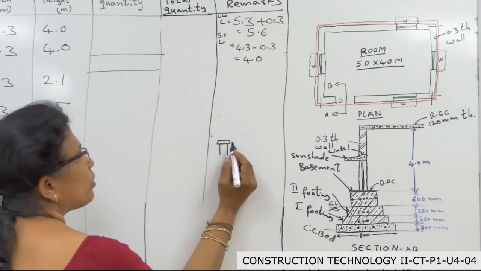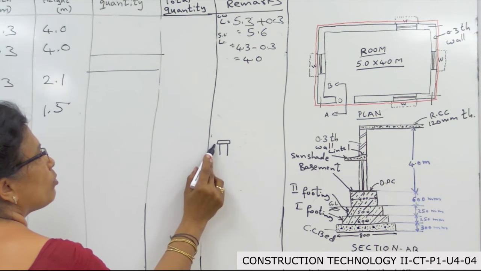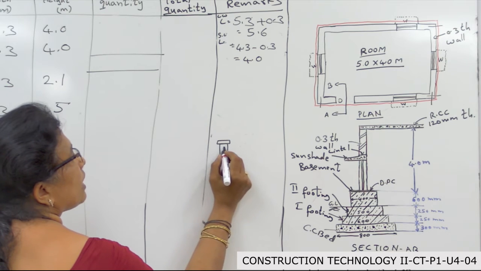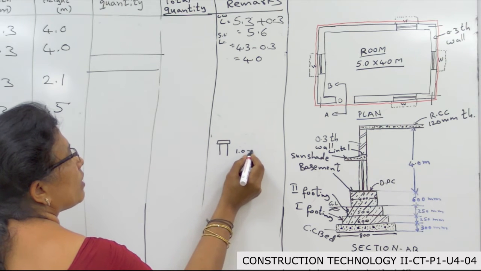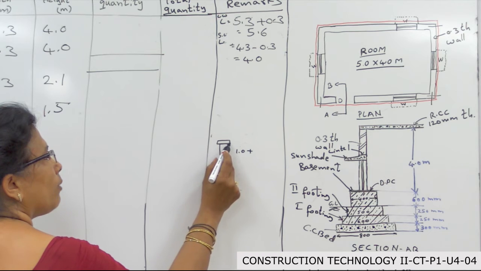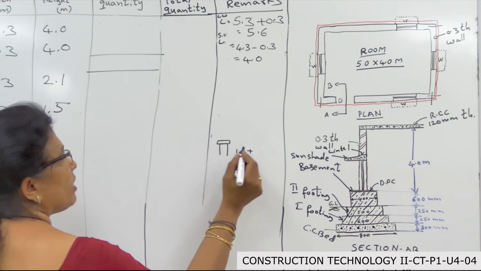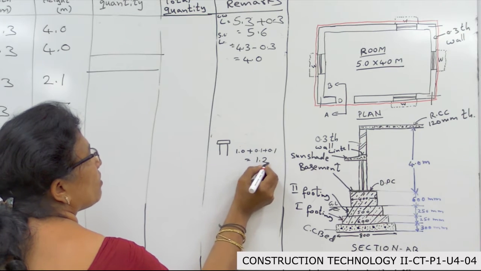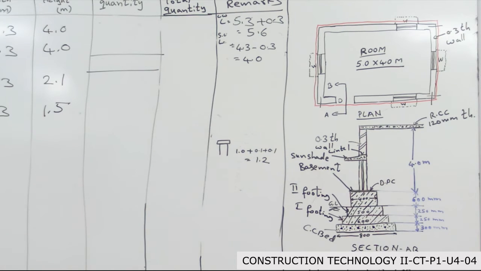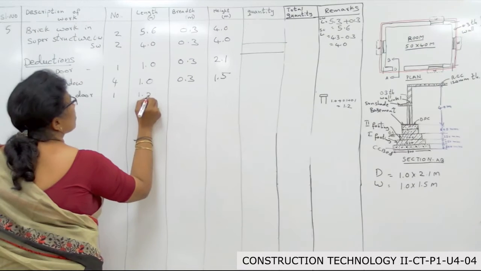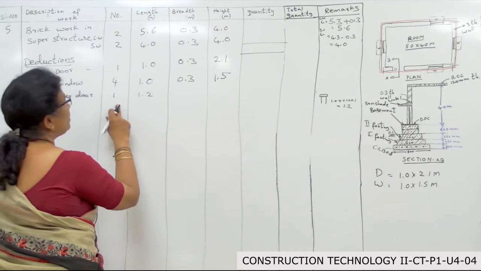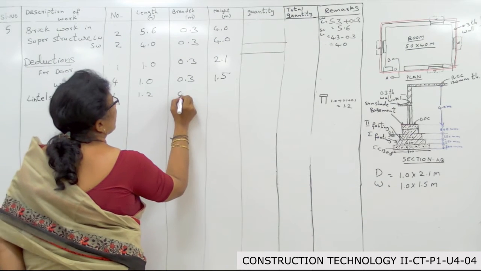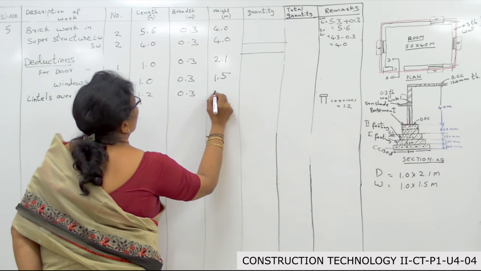How many doors? 1 door. Suppose this is the door. Now you are going to place the lintel here. 0.1 projection here and 0.1 projection here is given. So the length of the door is 1 meter. For this, you add 0.1 projection here and 0.1 here. 0.1 plus 0.1, you will get 1.2.